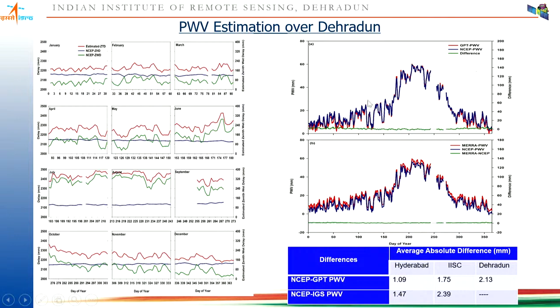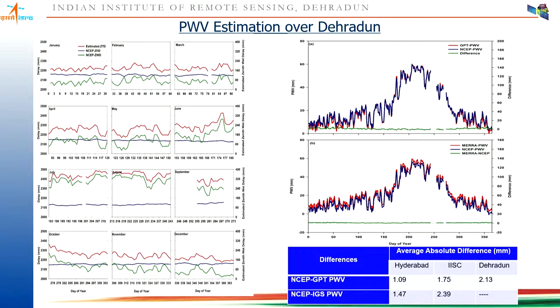So we can see clearly that in monsoon season, around day number 150 to 300, around 180 to 300, it is going very high. It is going to a PWV value of 60. And we have compared it with MERRA, which is another reanalysis data.